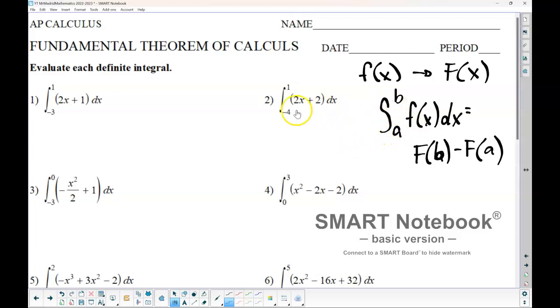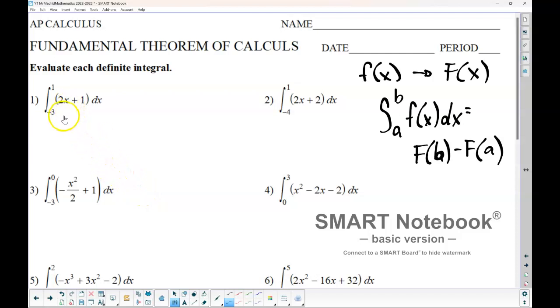When you look at these problems, you're going to integrate little f to produce large F, the antiderivative, evaluate it at b, take that same antiderivative and evaluate it at a, and get the difference. That's it. We're not going to overcomplicate this. We're going to build some confidence and work on using that integration formula chart.